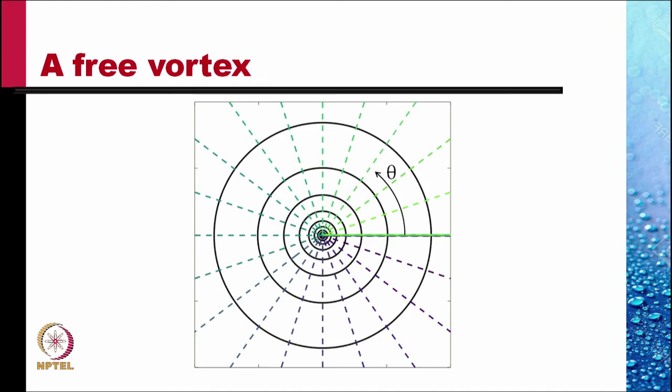The velocity tangent to the streamlines is counterclockwise for positive values of gamma and clockwise for negative values of gamma. The radial lines are the equipotential lines or the potential lines.